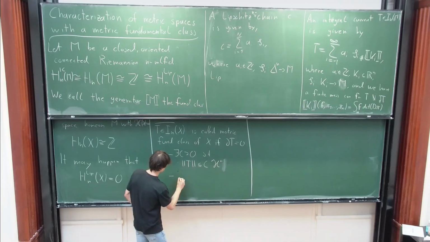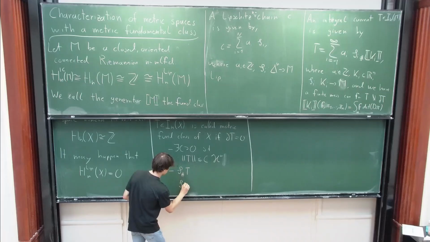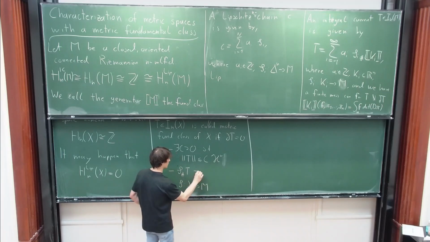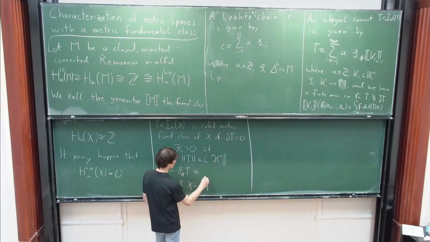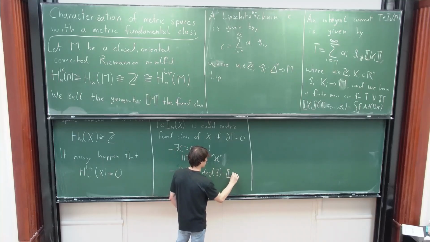And secondly, if we have a Lipschitz map F from X, the non-smooth manifold, to a smooth manifold and we push forward this current, then we want it to be the degree of F times the fundamental class.